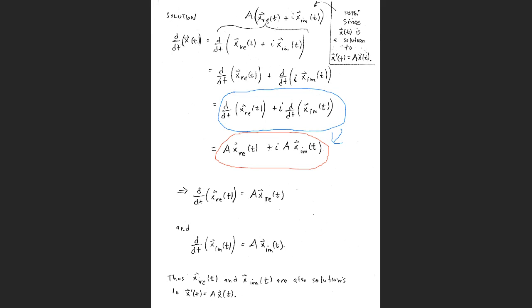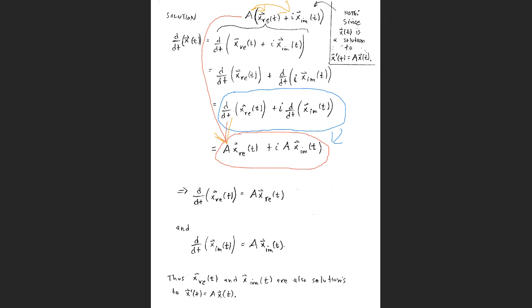And where does that sum come from? That comes from up here. A times x real of t, if I distribute the A, that matrix A, across both terms, that's going to get me what we have here.